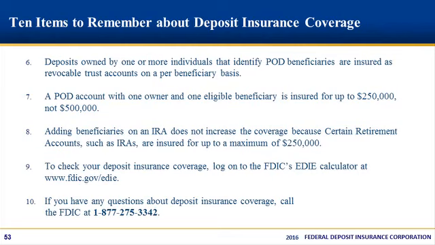Number 9, to check your deposit insurance coverage, log on to the FDIC's EDIE calculator at www.fdic.gov/EDIE. And finally, number 10, if you have any questions about deposit insurance coverage, call the FDIC at 1-877-275-3342.